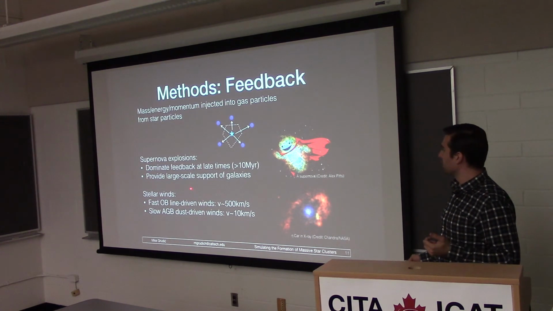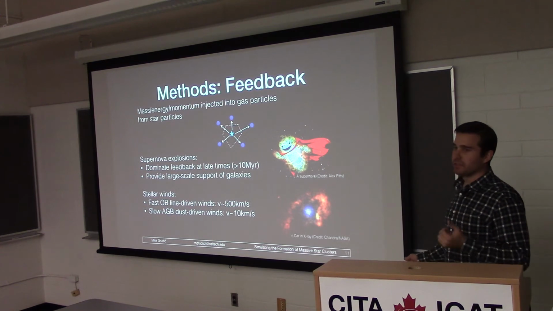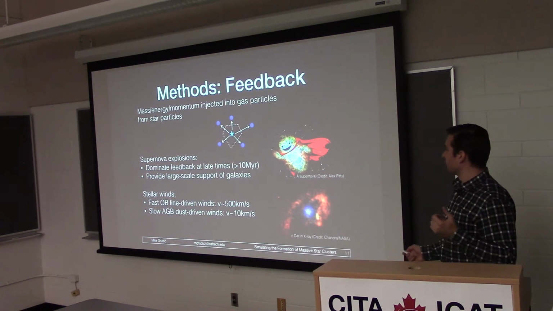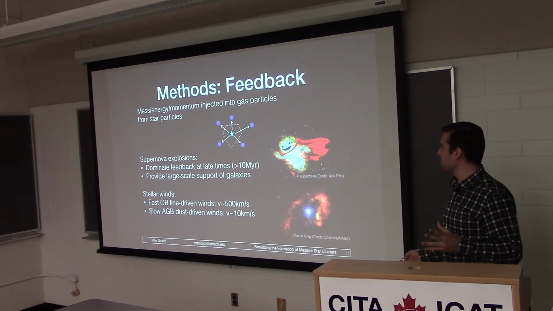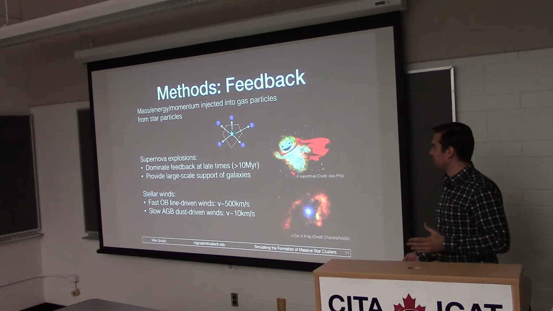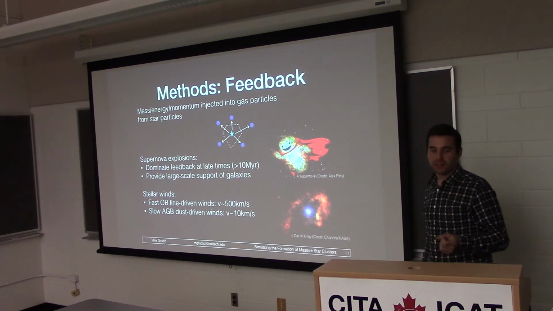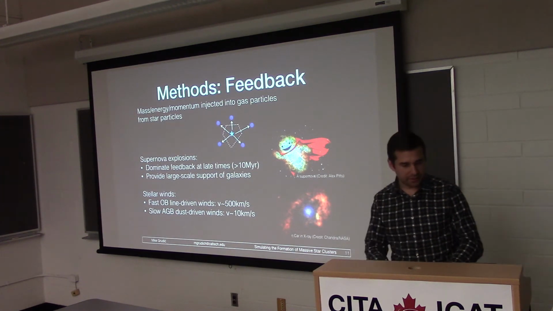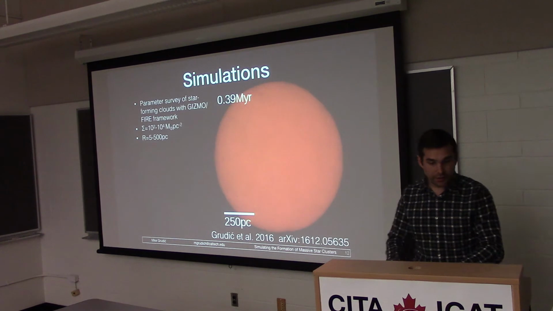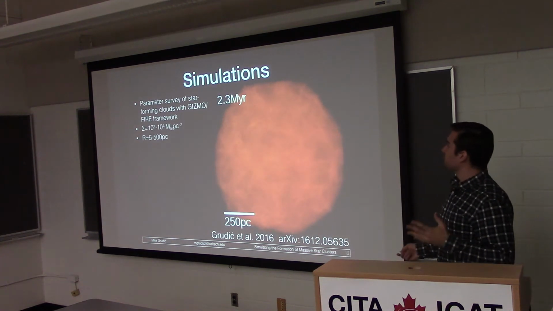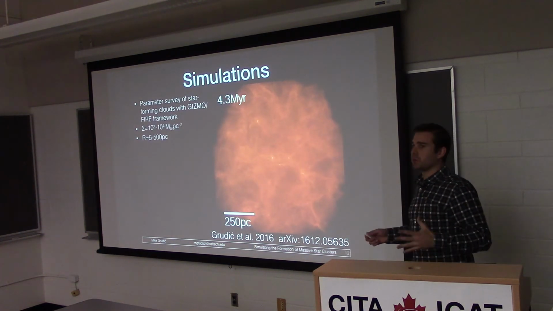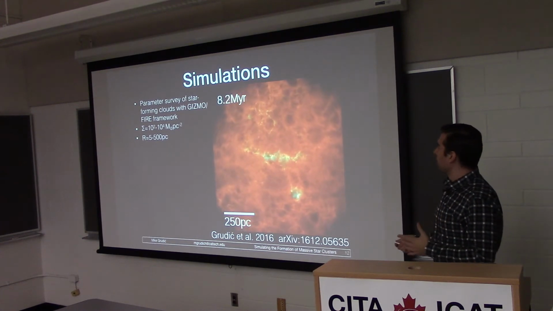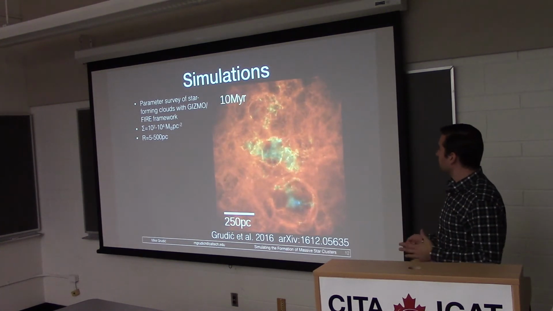So we account for both the line-driven stellar winds from OB stars, which are fast and quite powerful, and also the slow AGB winds, which last longer and are more gradual, but are important for enriching the ISM at later times. So what we've done is a suite of simulations where we start with a gas ball with an initial seed velocity field, and we let it collapse and form stars.